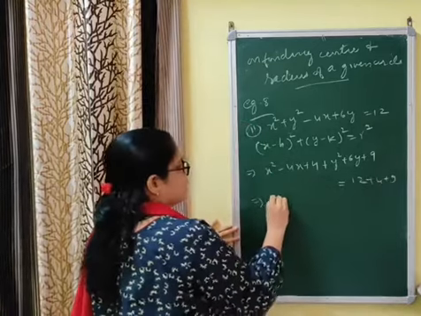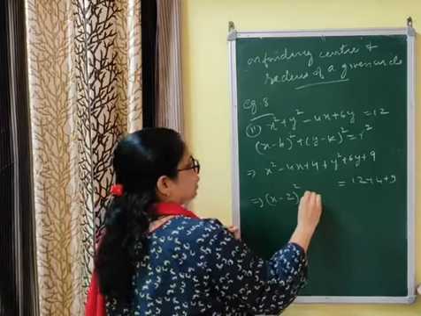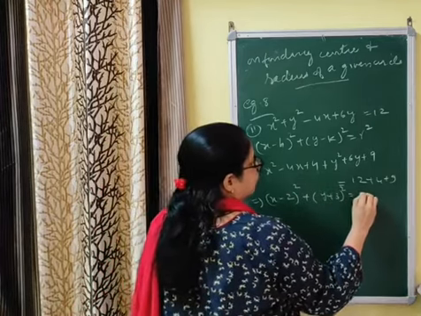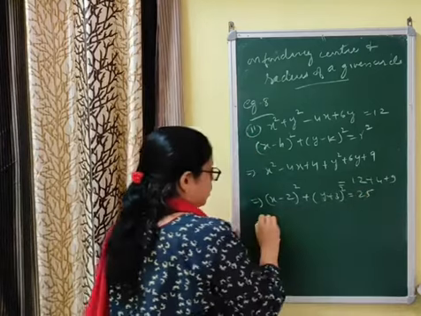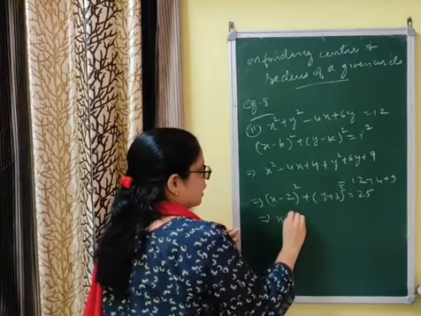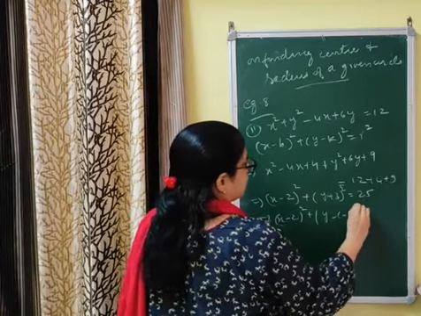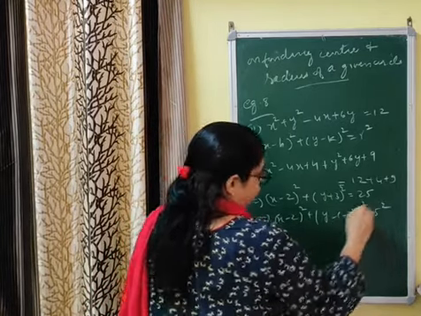This can be written as (x minus 2) whole square plus (y plus 3) whole square is equal to 25. Now converting to standard form, you get (x minus 2) whole square plus (y minus (minus 3)) whole square is equal to 5 square.